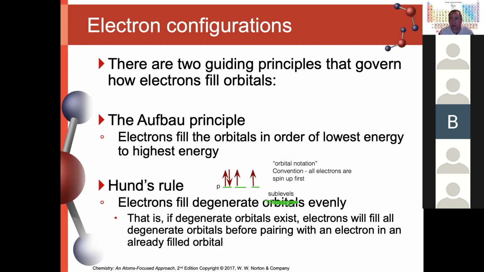So the reason I drew all up arrows initially here was to abide by that convention. And if you were ever asked, I don't think there are any questions in our homework about this, but if you were ever asked about quantum numbers using orbital notation, this is how you would want to do it.